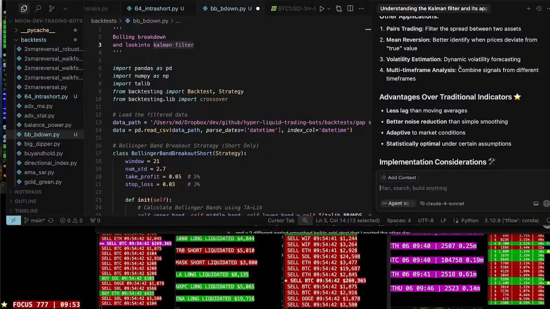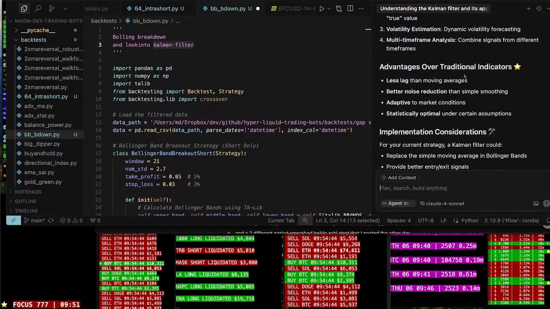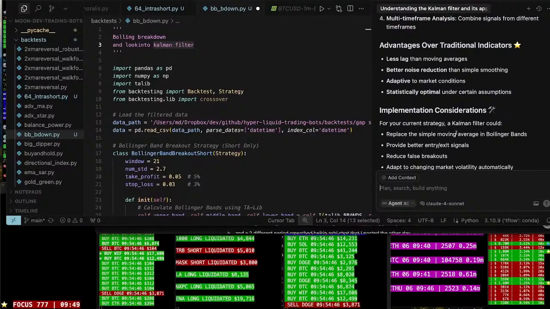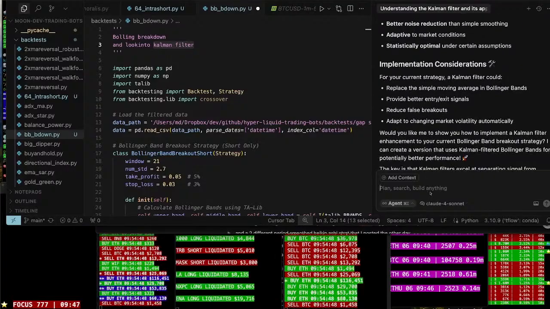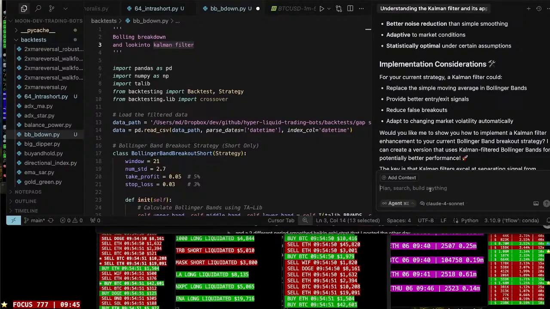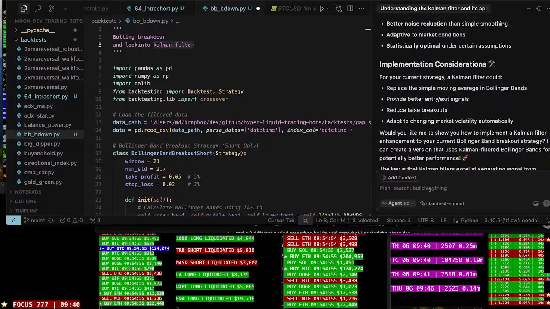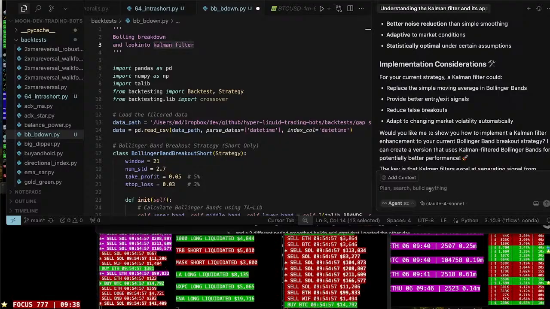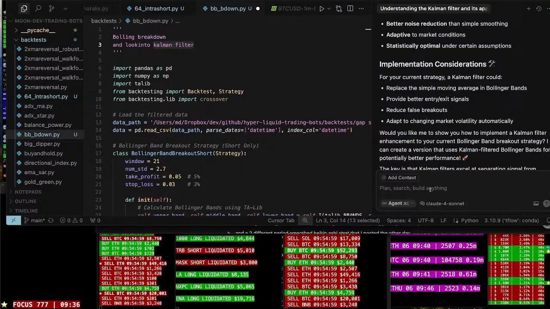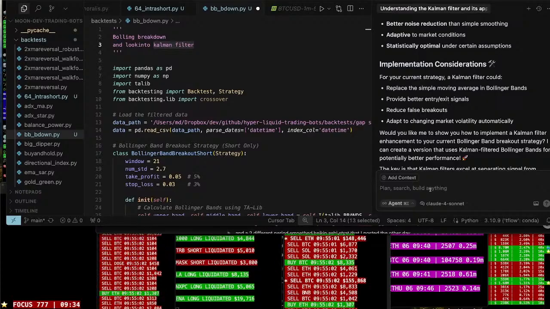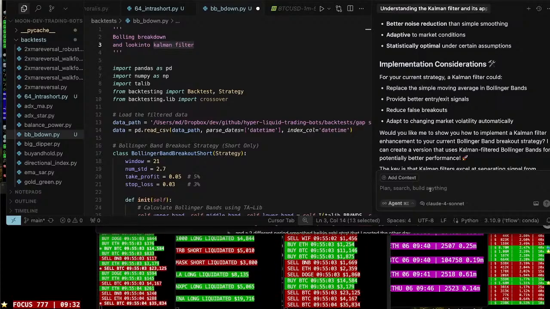Volatility estimation. Okay. All right. So I have a Bollinger Band breakout strategy that I would like to try. And I want it to be a breakout and breakdown both ways. And I want to use the Kalman filter here.